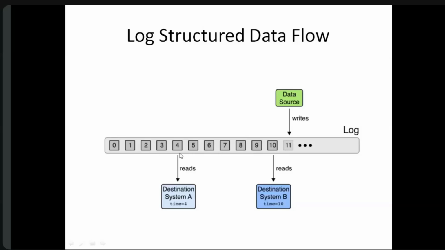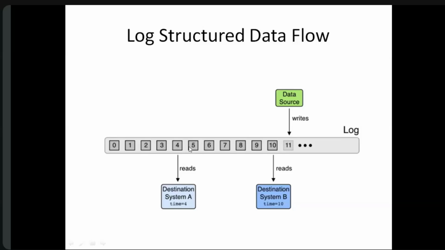Suppose there are 2 consumers, consumer A and consumer B. Here I am calling them destination A and destination B. If consumer 1 is reading at position number 4, then the next item it will read will be 5.